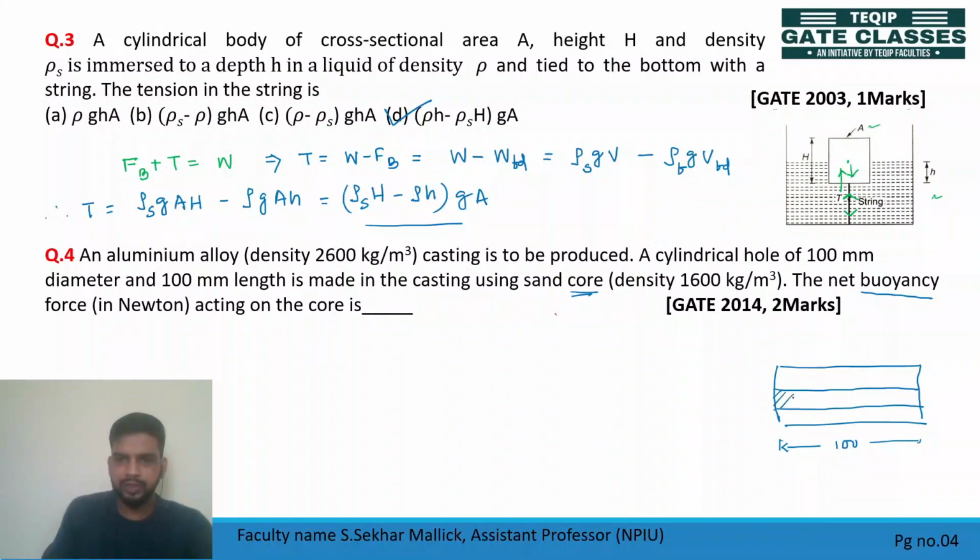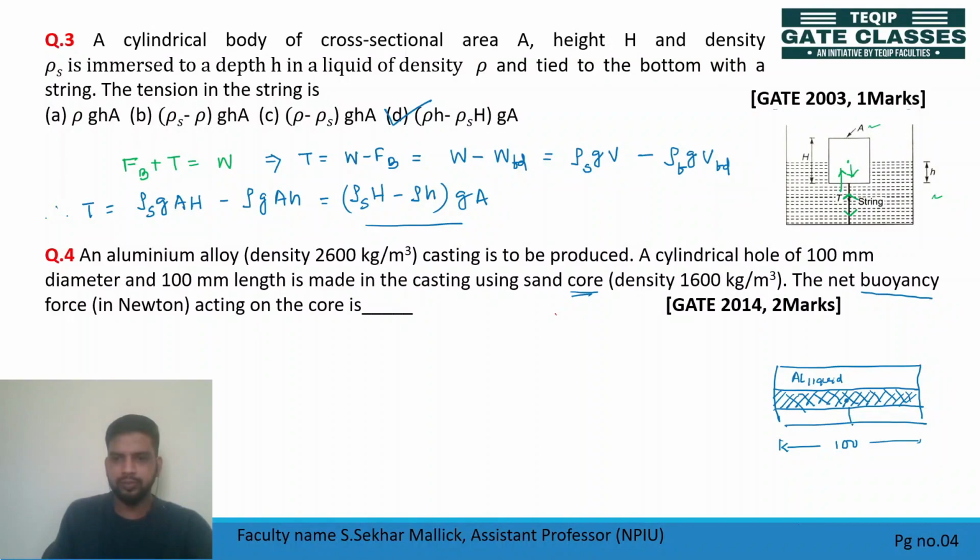Okay, so this is your sand core, and here is liquid aluminium. Now tell me the net buoyancy force acting on the core. Core is solid, and over this solid you have molten aluminium. Okay, so now tell me what is the net buoyancy force.